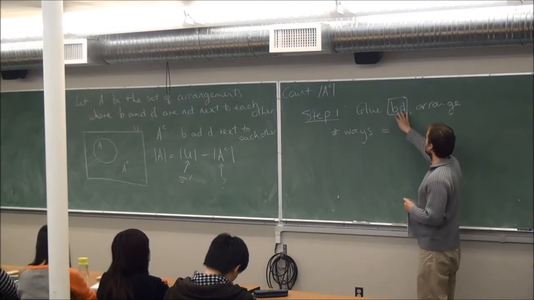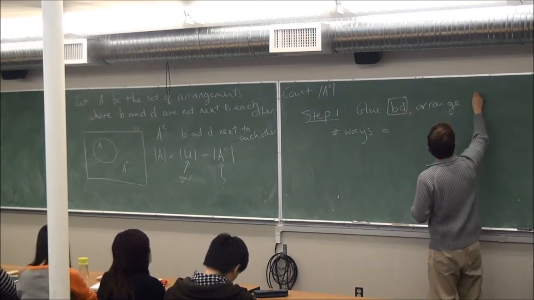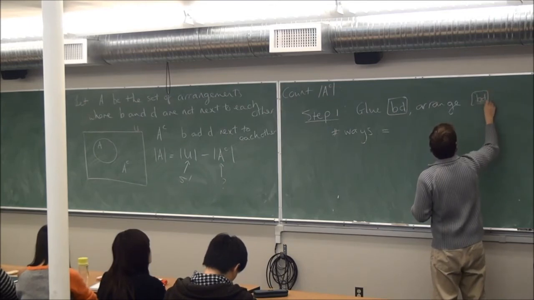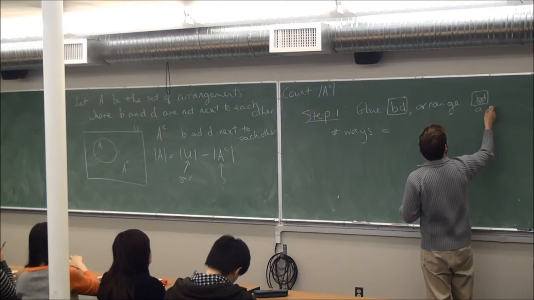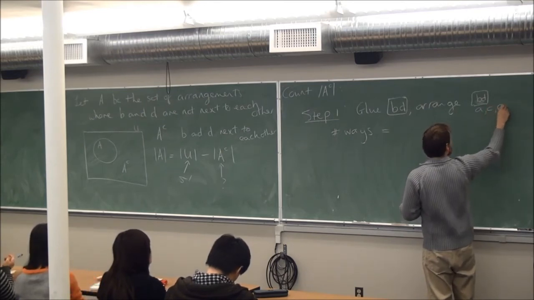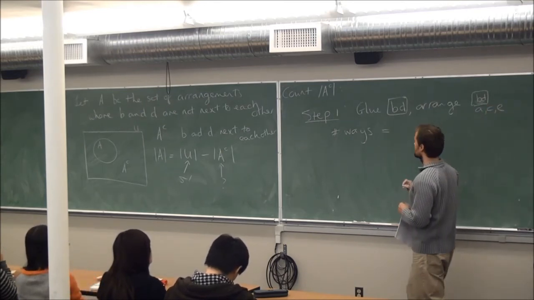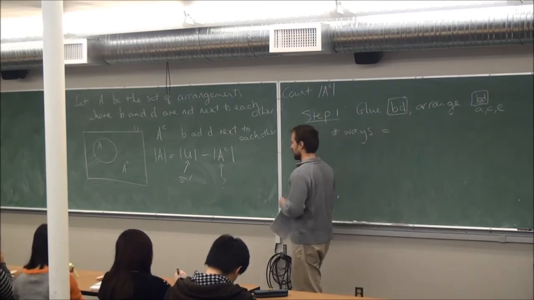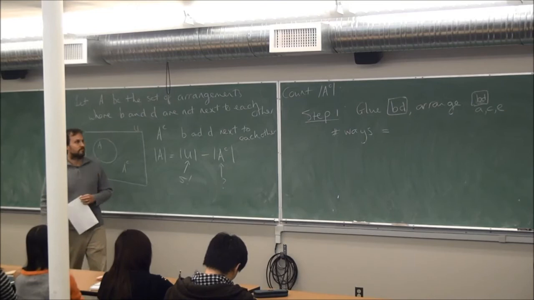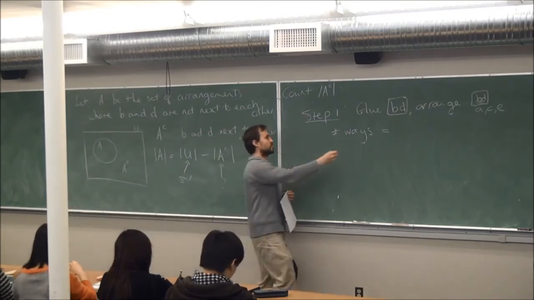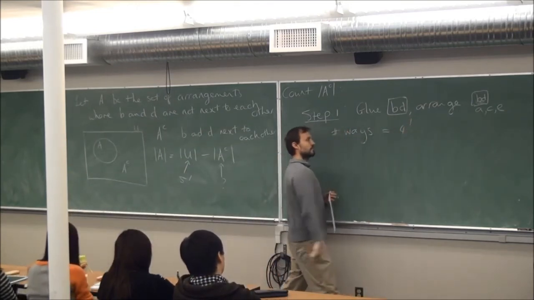This is all I'm doing. I'm gluing, I'm arranging, B is 1 letter, then I have an A, I have a C, and I have an E. That's all I'm doing. How many ways can I arrange them? Just 4 factorial. I have 4 of them, 4 factorial.